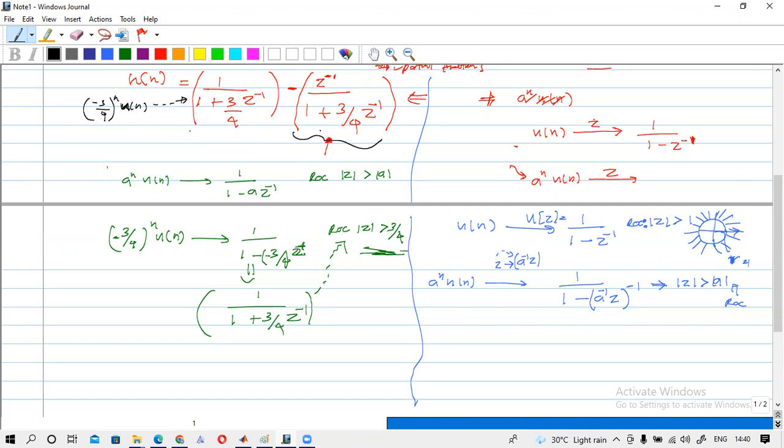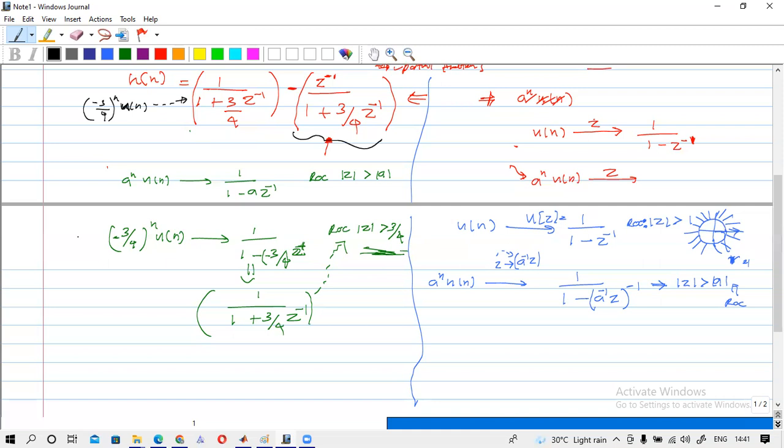Actually, we are going to find the inverse Z transform. So we need not find the ROC actually, but here I am telling you the ROC also to refresh your memory and to get a better understanding. But you should note that when we evaluate the inverse Z transform, we are not normally focusing on the ROC.